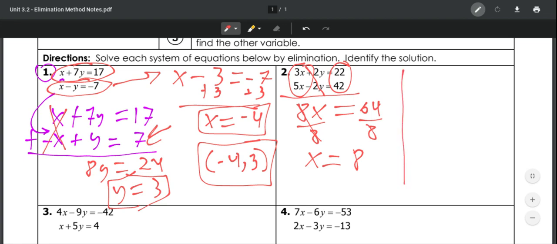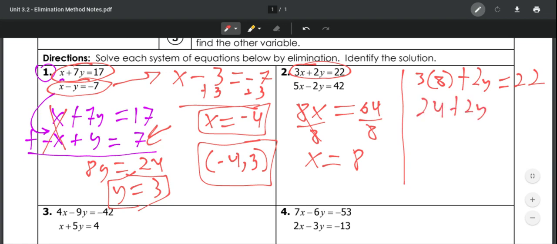Now you're going to take that 8 and plug it into one of the original equations. I'll just plug it into the top one. That would be 3 times 8, because x was 8, plus 2y equal to 22. 3 times 8 is 24, plus 2y equals 22.